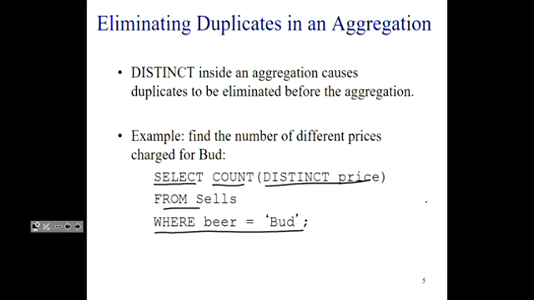If there are 3 different prices at which Bud is being sold, this would return 3. The distinct price basically forces the duplicates to be eliminated before you apply the aggregation. That's one way of thinking about what the distinct keyword does in this case.